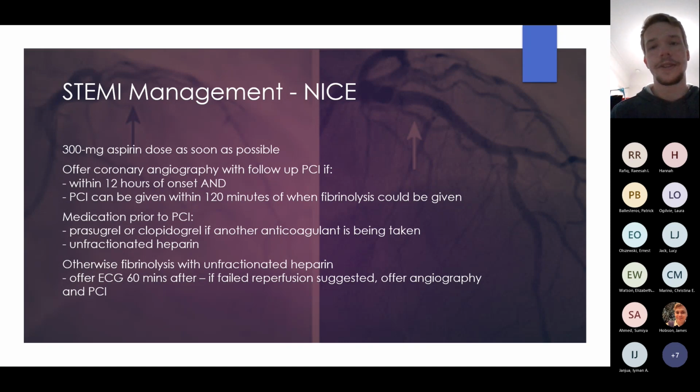To explain the PCI, normally they'll go into a peripheral vessel, such as your brachial artery, and go round back to the heart and through the coronary arteries to find where the blockage is.